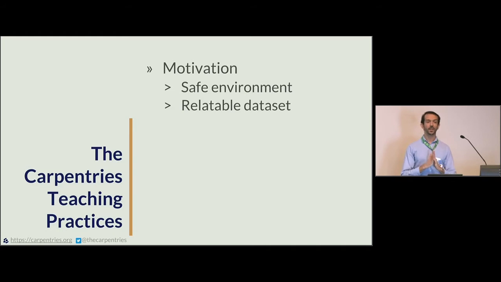Another is that we use domain-specific datasets so the learners can relate to the data they're working with. It's something they're familiar with, something they will encounter in their research.